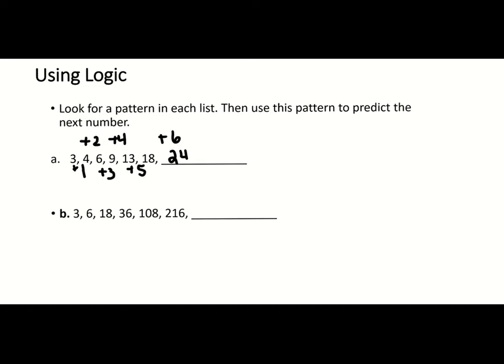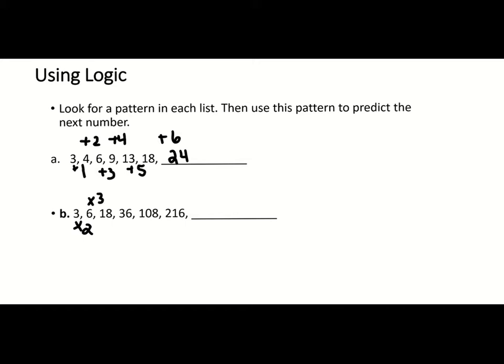But to go from 6 to 18, you add 12. So it doesn't look like it's increasing by a certain pattern with addition. But if I look at multiplication, to go from 3 to 6, I multiply by 2. To go from 6 to 18, I don't multiply by 2, but I do multiply by 3.